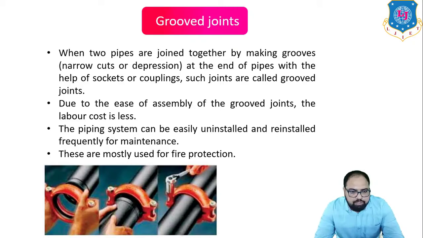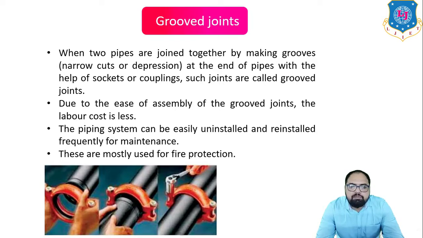Next is the grooved joint. When two pipes are joined together by making grooves, or we can say narrow cuts or depressions at the end of the pipe, with the help of sockets or coupling, such types of joints are called grooved joints. Due to the ease of assembly of the grooved joint, the labor cost is very less.